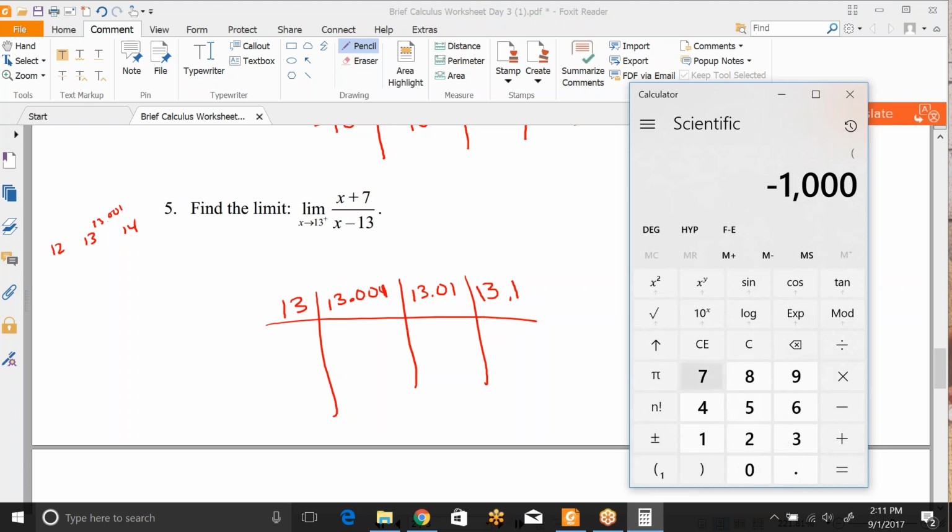So on the top we have, let's start with 13.1. So 13.1 plus 7 divided by 13.1 minus 13, and that comes out to 201. 13.01 plus 7 divided by 13.01 minus 13, that's 2,001.